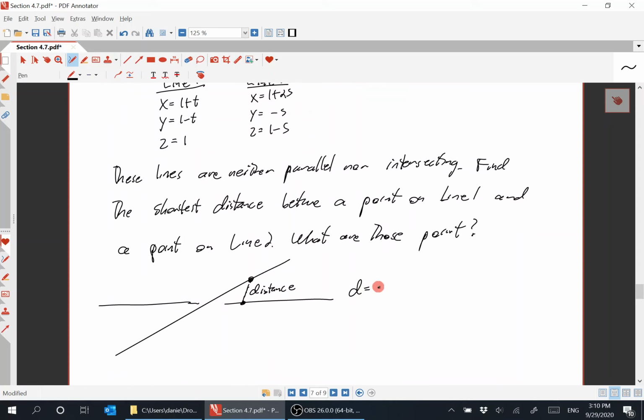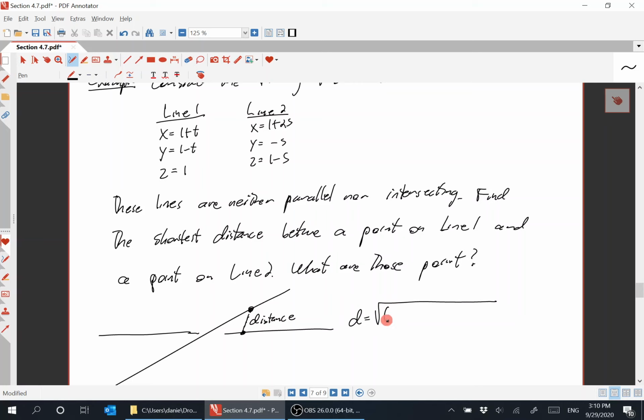So the distance is equal to the square root of 1 plus t minus 1 plus 2s, squared.